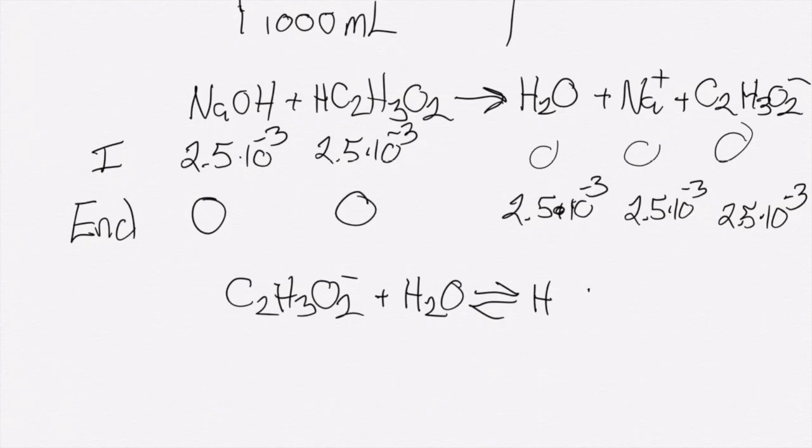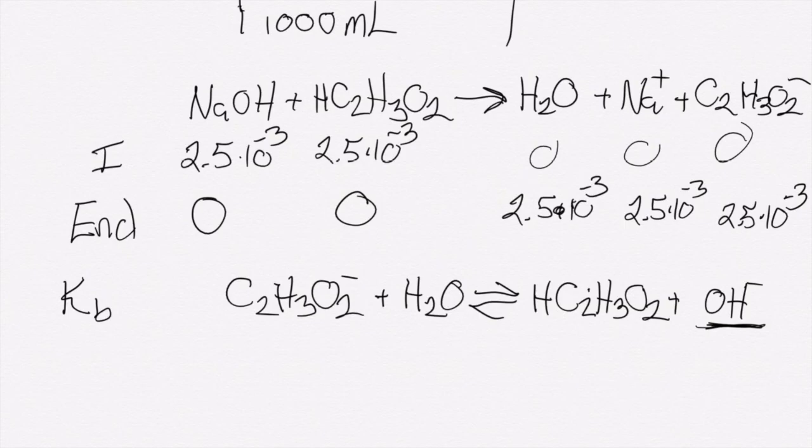In this case, it's acetic acid. When we do so, when we remake that acetic acid, we strip off a hydrogen from water, leaving us a hydroxide ion. Well, since we have a hydroxide ion, this reaction is now classified as being a Kb. The equilibrium constant here is defined by the hydroxide. So we need an equilibrium constant that references the alkalinity or basic conditions of the solution.